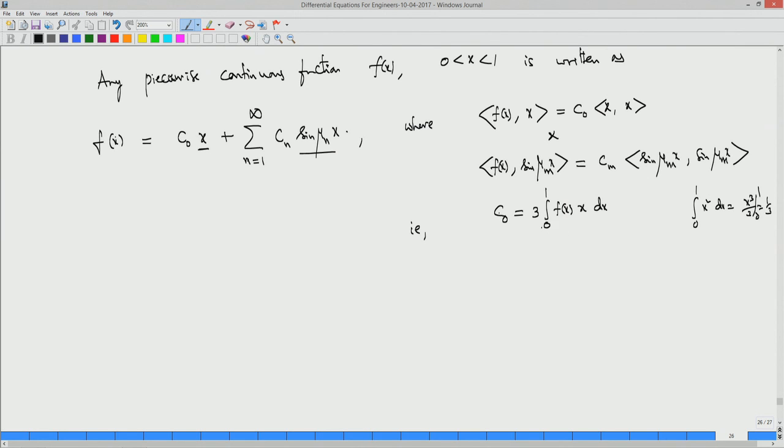And Cm is the integral from 0 to 1 of f(x) sin mu m x dx divided by the integral of sin squared mu m x dx. Because you do not know exactly what mu m is, you cannot simplify it, but you can calculate this integral and put it in. This is how you find these.